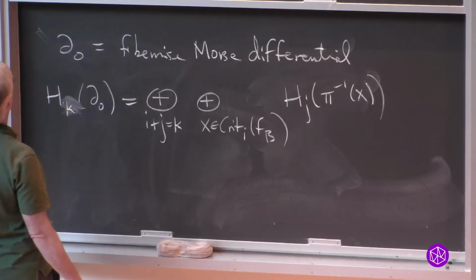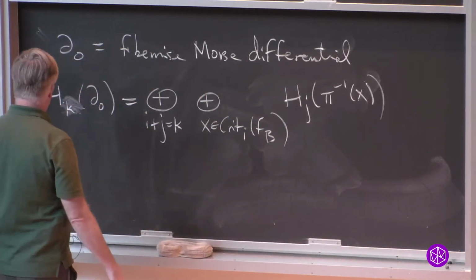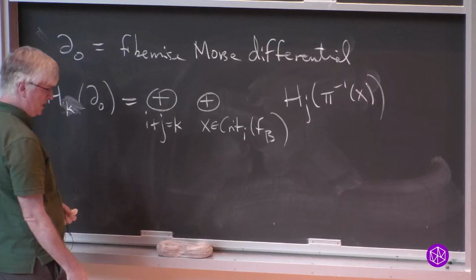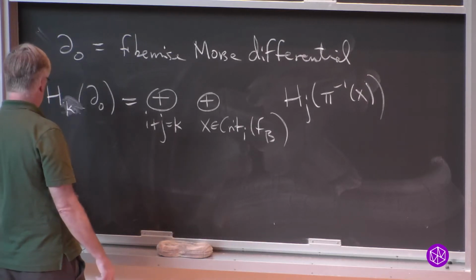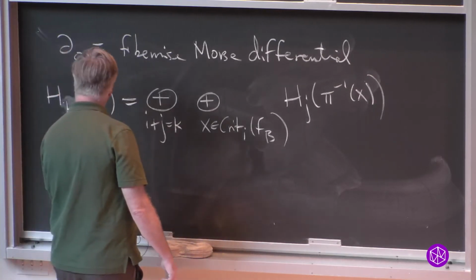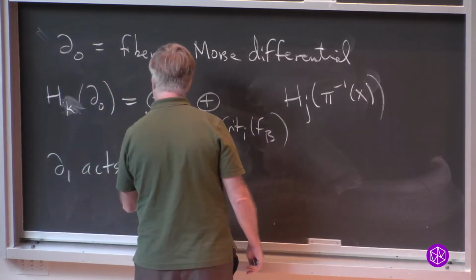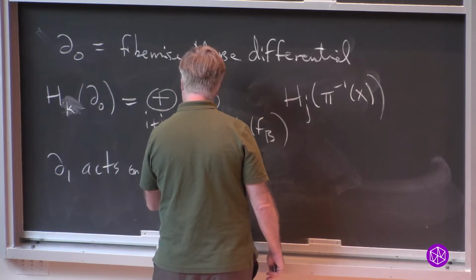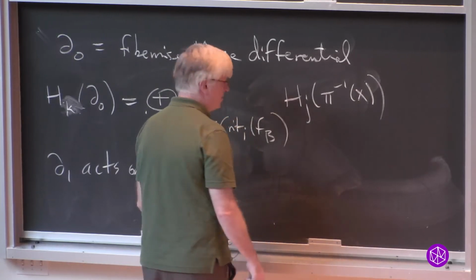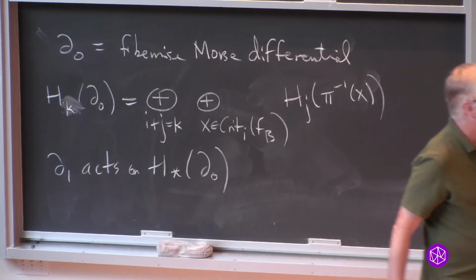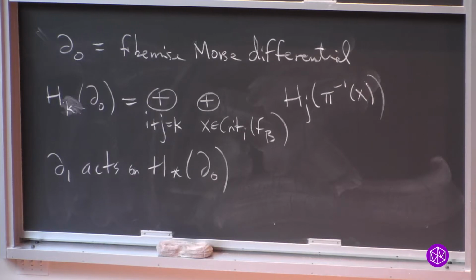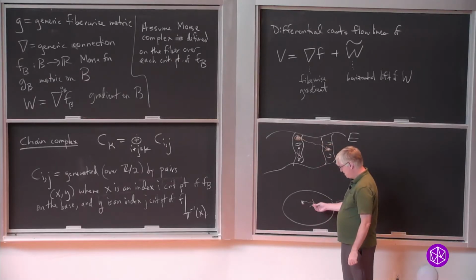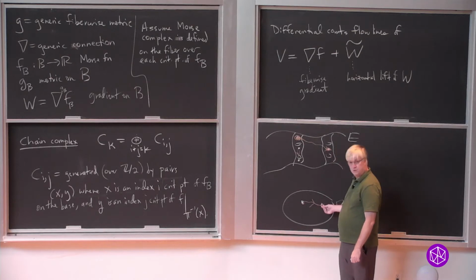And then, from that equation, d1 acts on the homology of d0. So this counts flow lines where the index on B goes down by 1, and then we lift it up to the base.